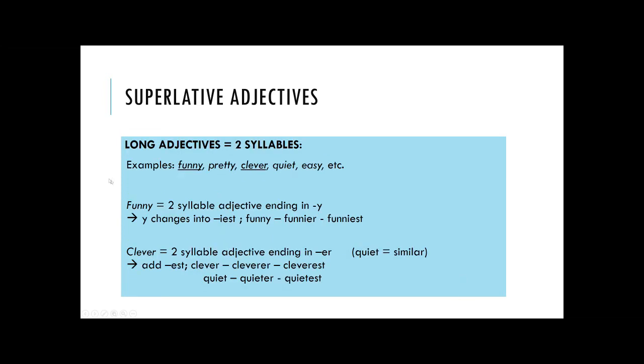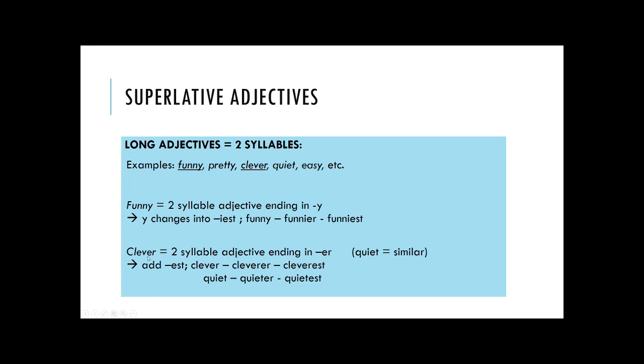Let's continue. With longer adjectives, those that have two syllables like funny, pretty, clever, quiet, easy, etc. If the adjective ends in Y, you have to change it into -iest. For example, funny, funnier comparative, the funniest superlative.